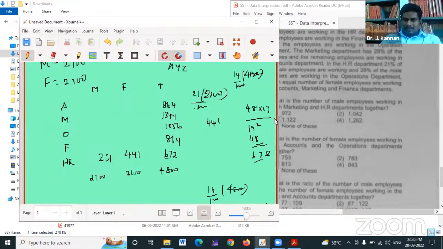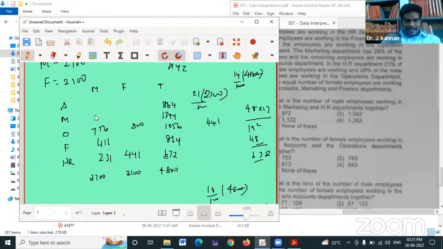This way, in the finance department, male employees are 411 and female employees are 453. In the operation department, male employees are 756 and female employees are 300.